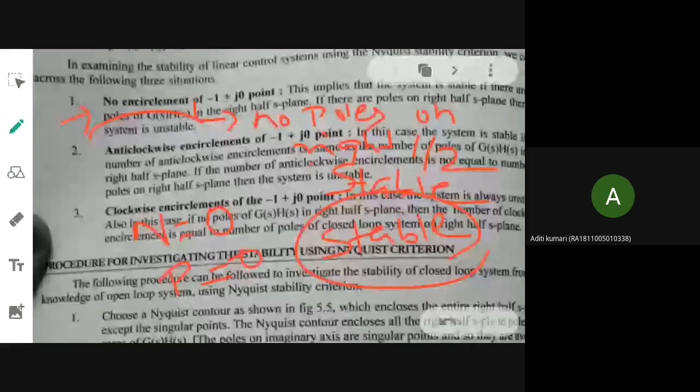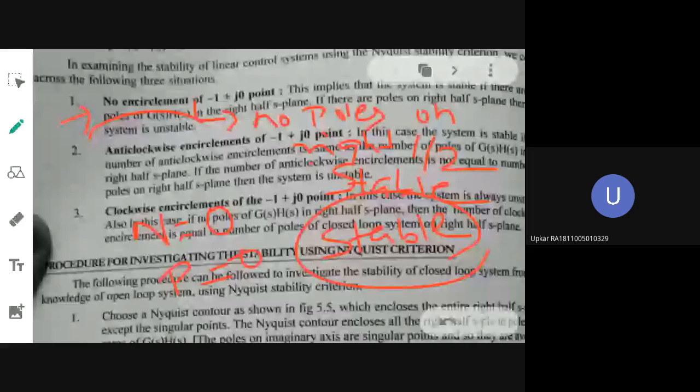Stable or unstable? You can read the statements, no? Unstable. Unstable means poles are located on the right half, which means the system is unstable. If no poles are located on the right half, then the system will be stable only, no?